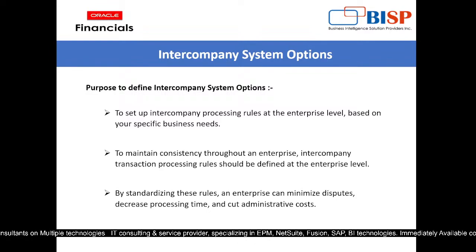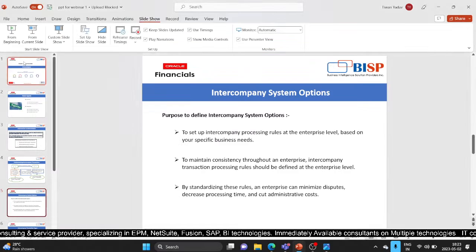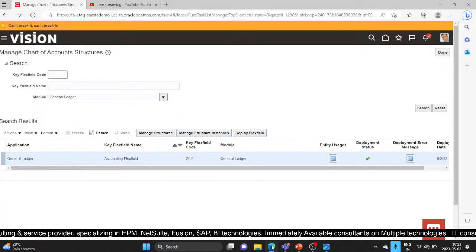To maintain consistency throughout an enterprise, intercompany transaction processing rules should be defined at the enterprise level. By standardizing these rules, an enterprise can minimize disputes, decrease processing time, and cut administrative cost. Let's move into the instance to see how the enterprise system options are provided.